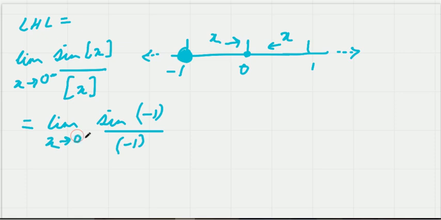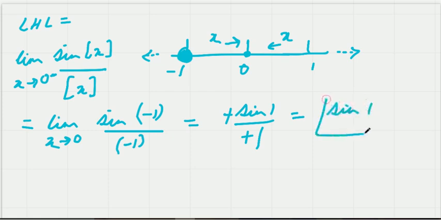Now sine of minus 1 is minus sine 1. We can remove the limit sign here because there is no x. Minus sine 1 upon minus 1. So this minus becomes plus, and the left hand limit is equal to sine 1.